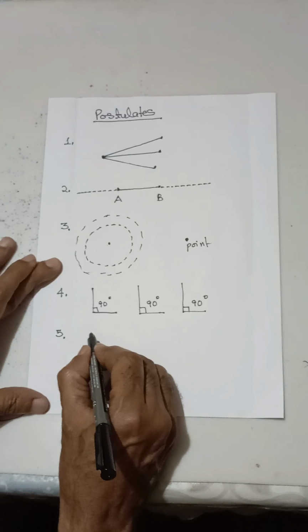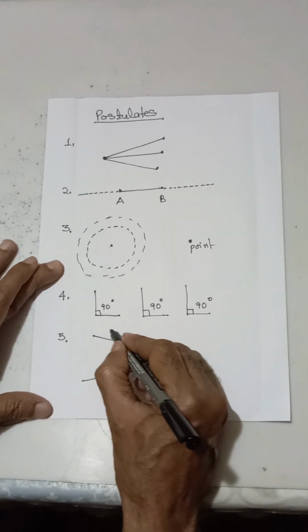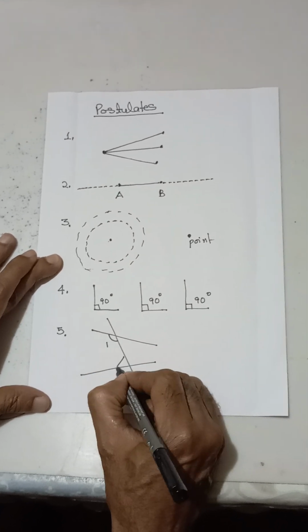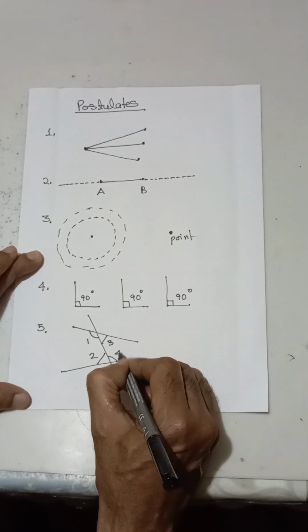Postulate 5. Postulate 5 says there are two lines and a third is the transversal. If this is angle 1, this is angle 2, this is angle 3, this is angle 4.